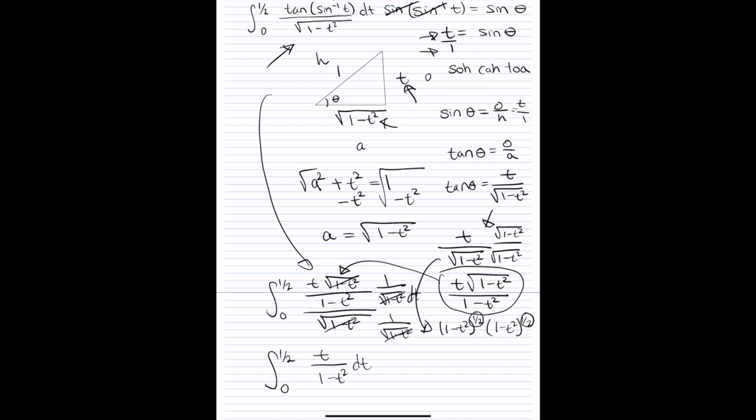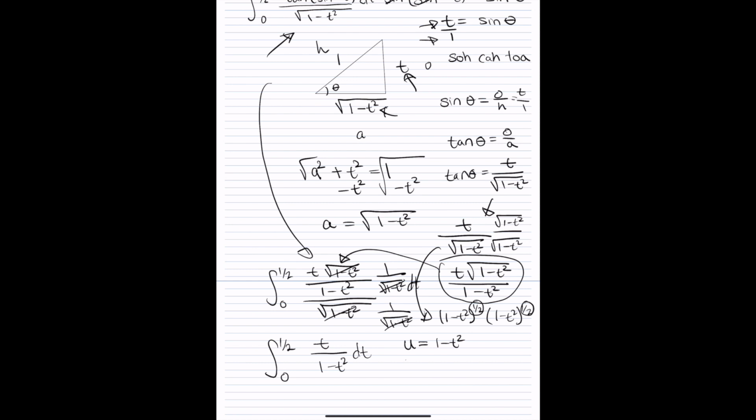So we're going to do a u substitution, which is u is equal to 1 minus t squared. We're going to go ahead and substitute the denominator by u. So we're going to differentiate both sides, which gives negative 2t dt. So we're going to isolate the dt for the substitution.